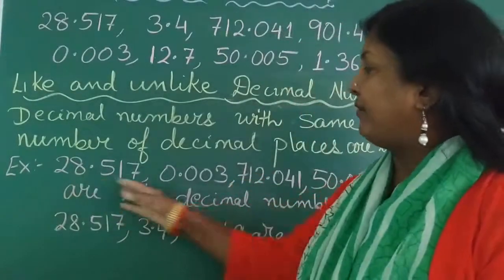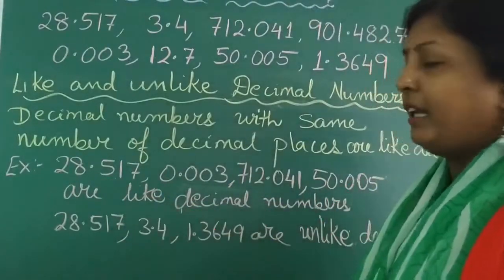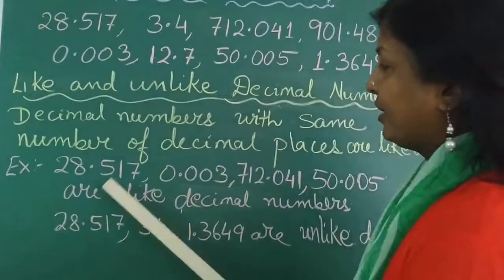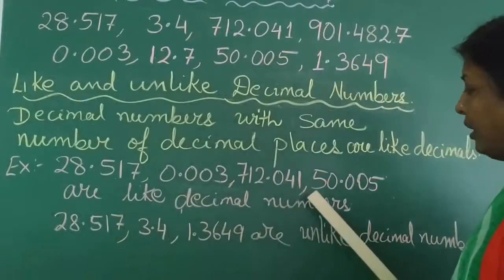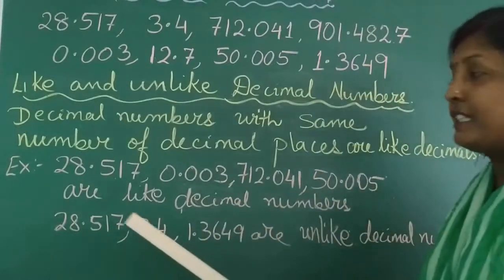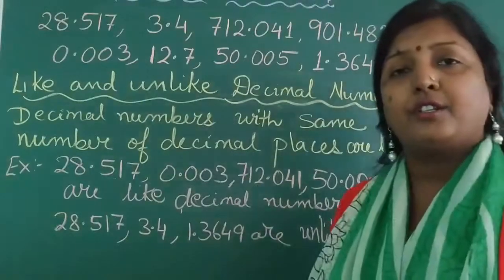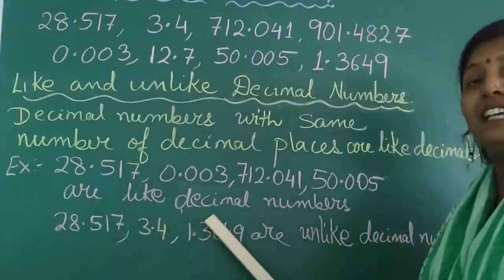So for example, I have taken over here, you can see in each case the decimal number is same. All the decimal places here 1, 2, 3, 1, 2, 3, 1, 2, 3, 1, 2, 3. You can see each and every example has 3 decimal places. So because the decimal place is same, they are known as like decimals.